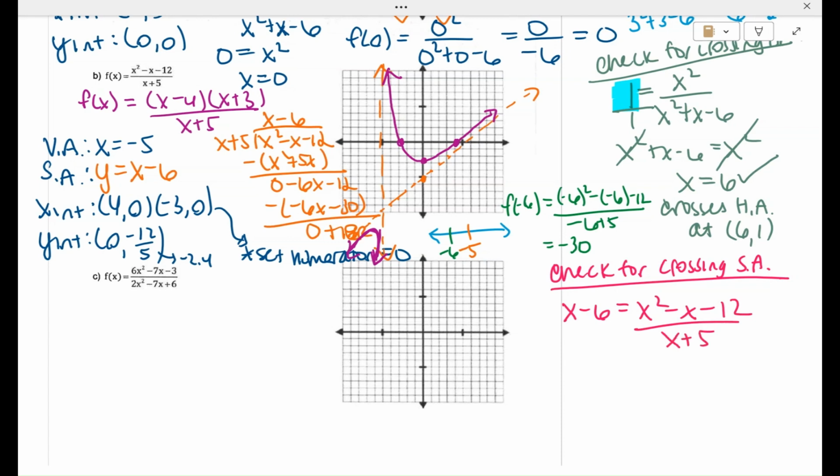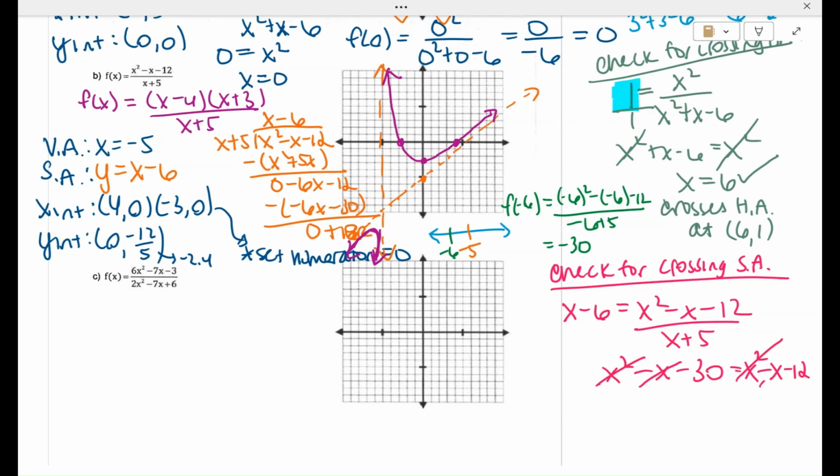And of course, we're going to multiply by x plus 5 on both sides, and we're going to FOIL that. So then we'll have x squared, what would that be, minus x, 6 times 5 is negative 30, is equal to x squared minus x minus 12. The x squareds will cross out.